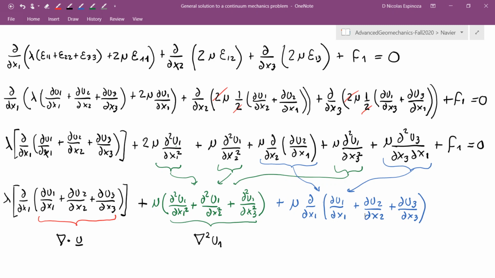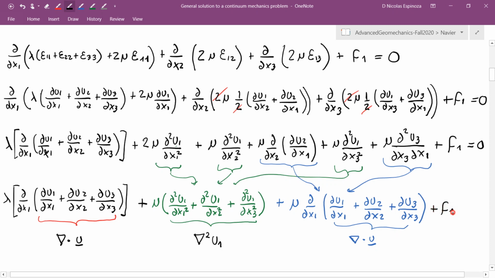Okay, so I've got that part over there, and again this is going to be the same thing that I have on the left, right? So this one is going to be also the divergence of the displacement vector plus f1 equal to 0.